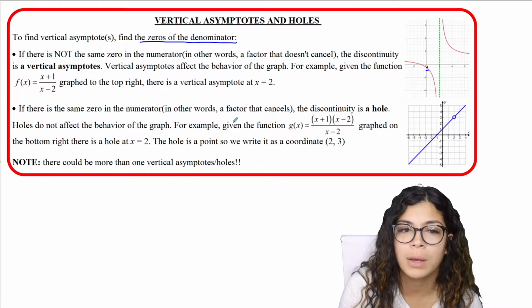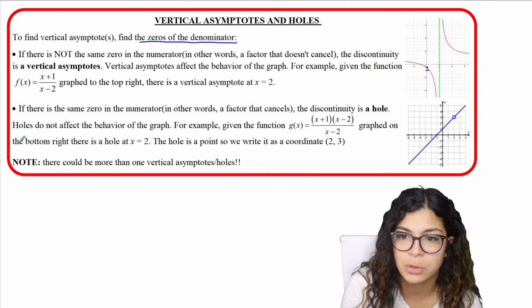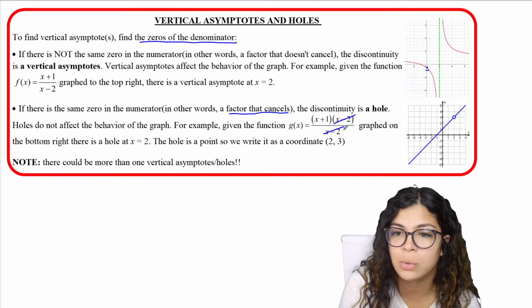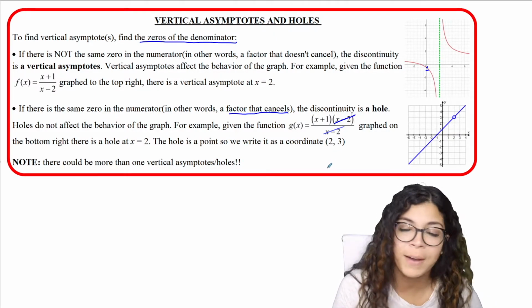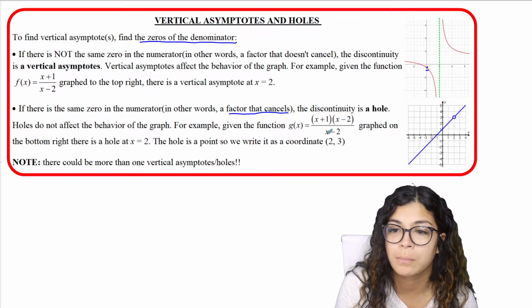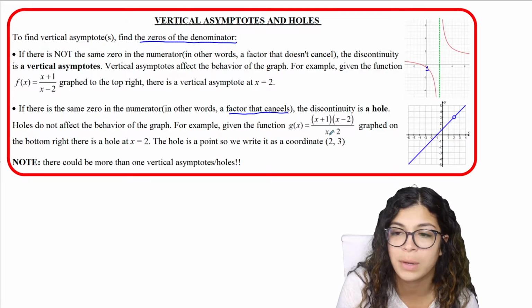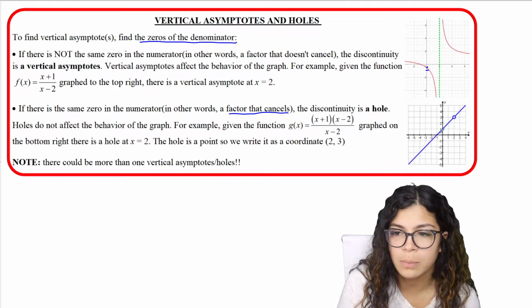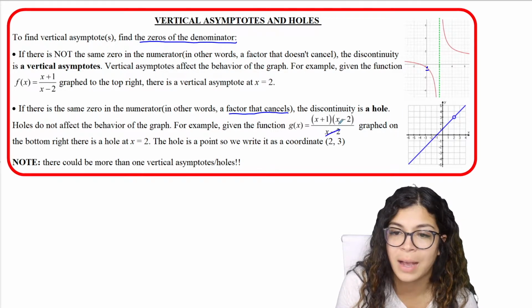So the difference between the two is a hole will come from any 0 that cancels out. So for example, here, x minus 2 would cancel out. So that factor, x minus 2, gives us an x value of 2 that will give us a 0 in the denominator. So that means that the hole is at 2, because that cancels.